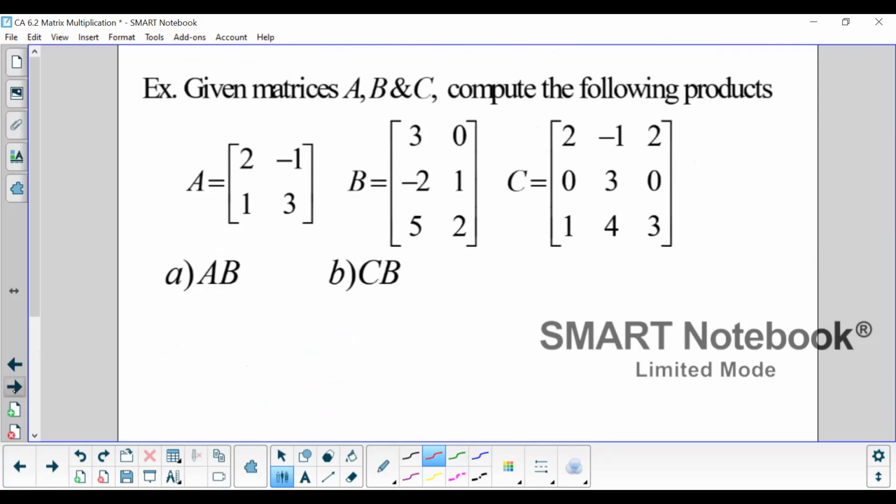Okay, so here's where we do some examples. So, here's a new slide. Copy those matrices down. I'll give you a minute before we talk about the first example.